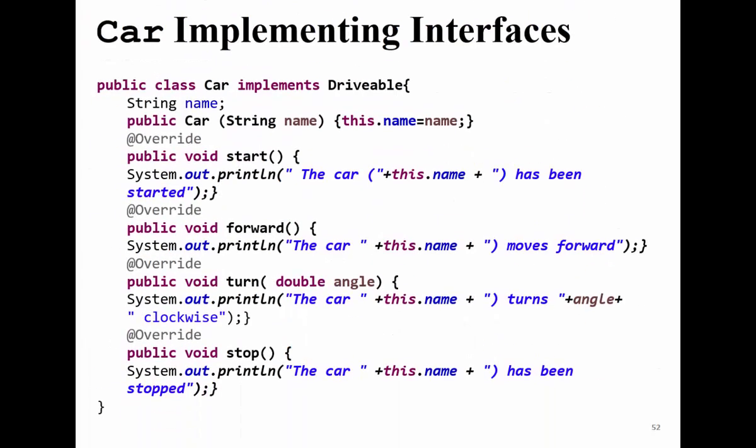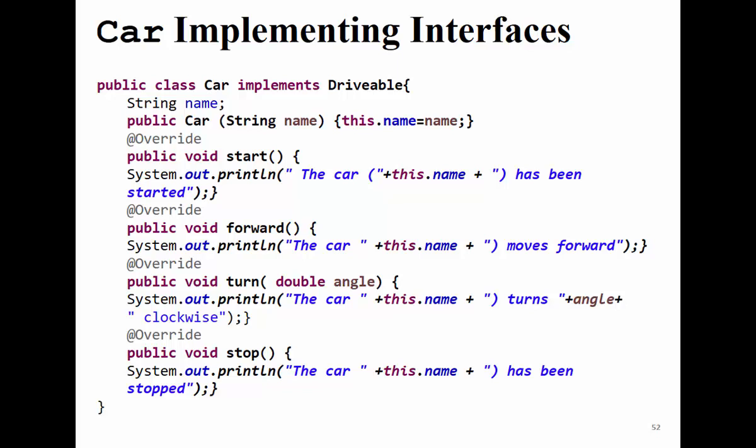Now, if I have a car, absolutely the car is a Drivable. In this case, we have a name for the car, and we provide a method. We have the constructor, and in addition to that, this car implements the Drivable interface. Once I say that my object implements a specific interface, that means this object should provide implementations and definitions for all the methods inside the interface.